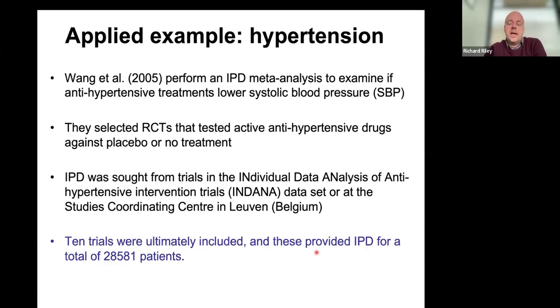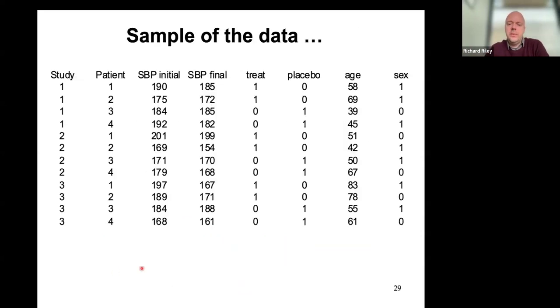So let's go back to that hypertension trial meta-analysis I showed before. This was actually an IPD meta-analysis performed by Wang et al. And they got 10 trials from the INDANA dataset database and the Study Coordinating Centre in Leuven in Belgium. So these were IPD that had been stored and they got those 10 datasets, 28,000 individuals in them.